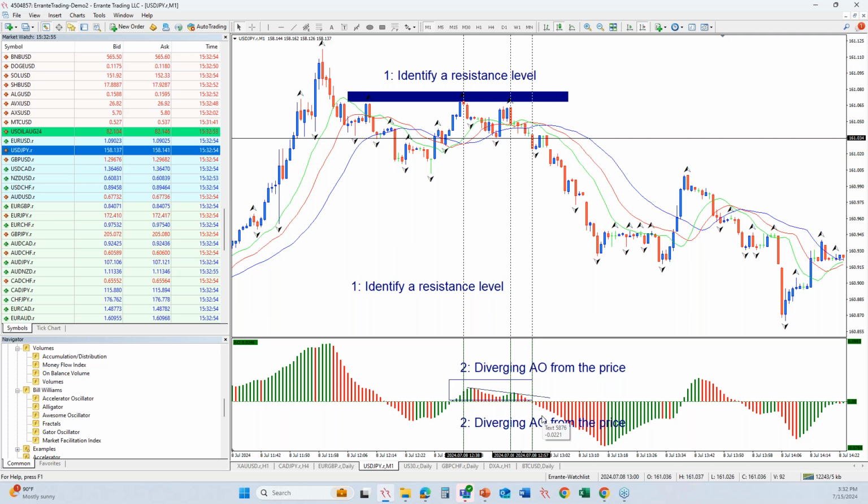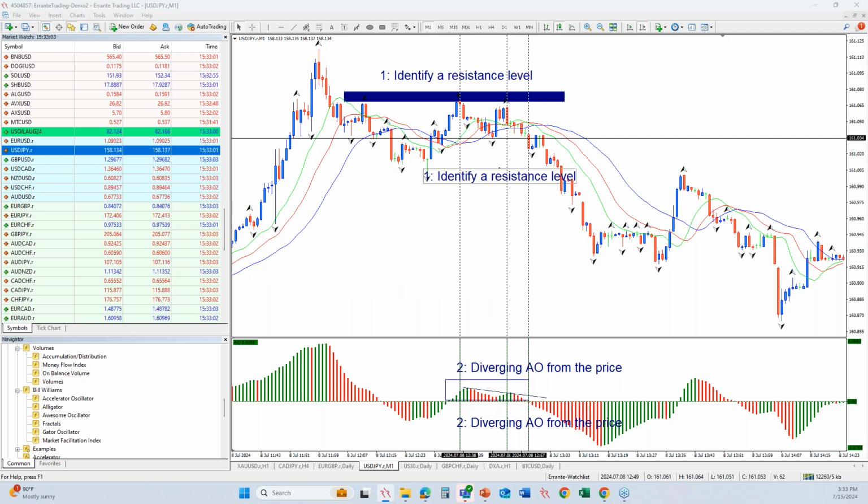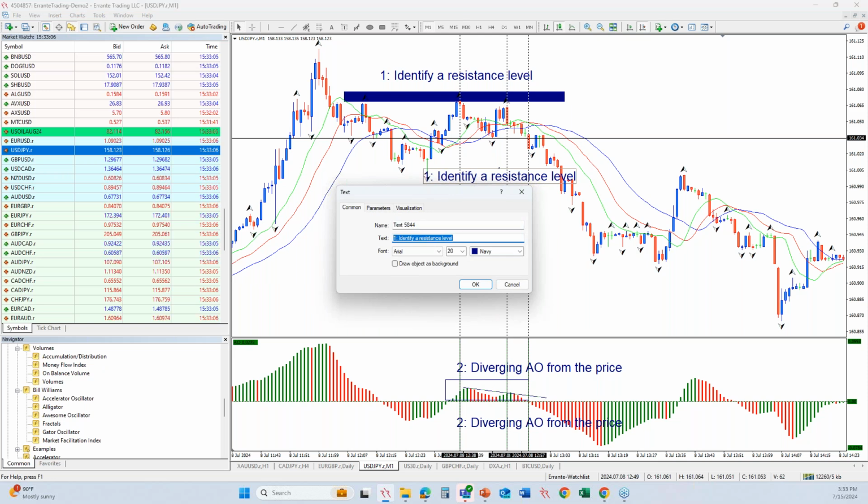The third one is price crossing below the bottom fractal, below the mouth.